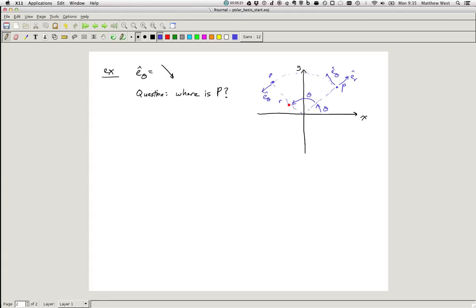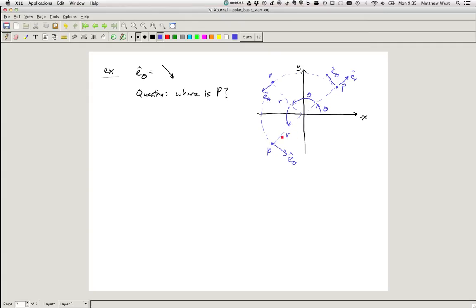If we continue to increase theta even more, so we sweep point P around even further, we can see now that if we were to increase theta further here, then point P is moving this way, and so this actually is where point P has to be if e_theta hat is pointing downwards and to the right.